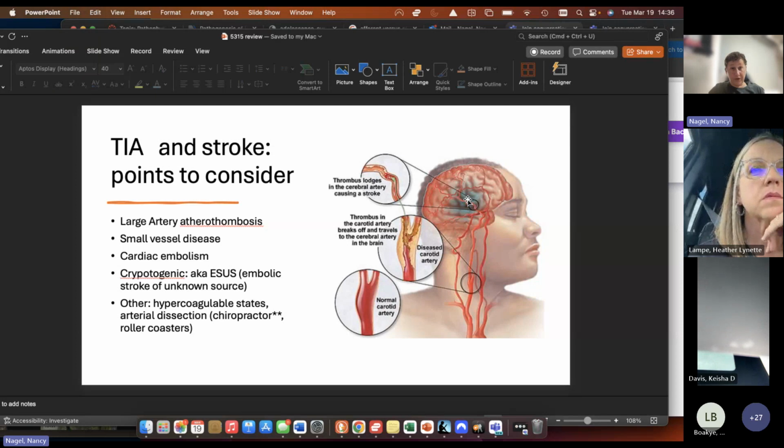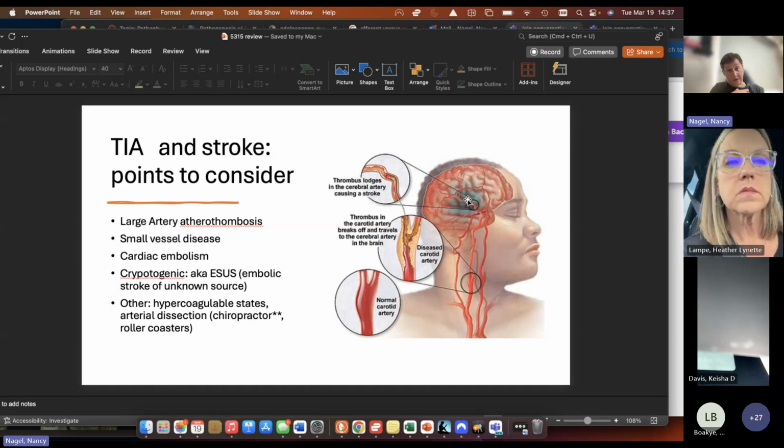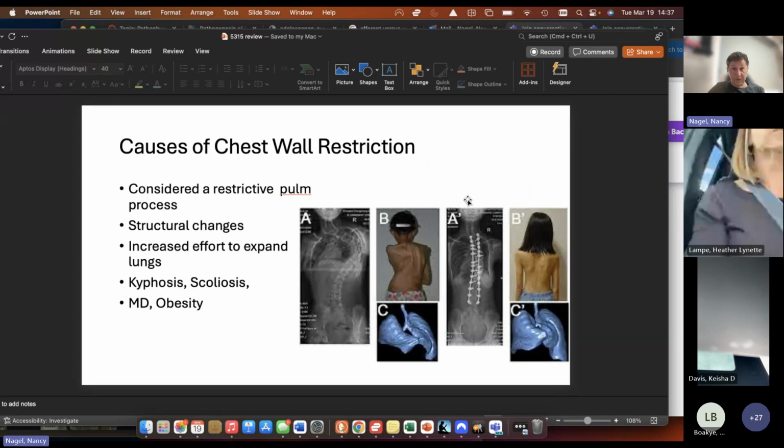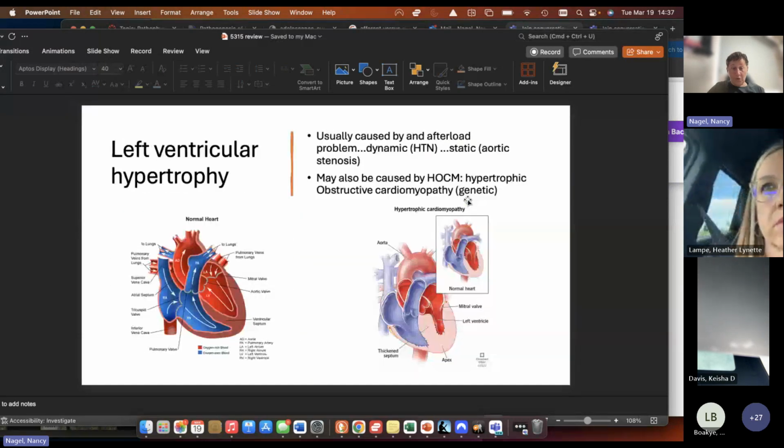We also do an echocardiogram. The echocardiogram is looking for, is there a clot in the left atrial appendage? Is there some other clot that's in the heart? Because if you remember, when blood is stagnant anywhere in the body, it's more likely to form a clot.